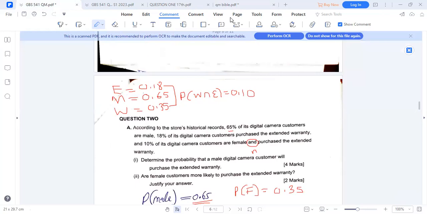So let me just rewrite what I've done. I was saying the probability of a male is 65%. So the probability of a female, or a woman, is what?